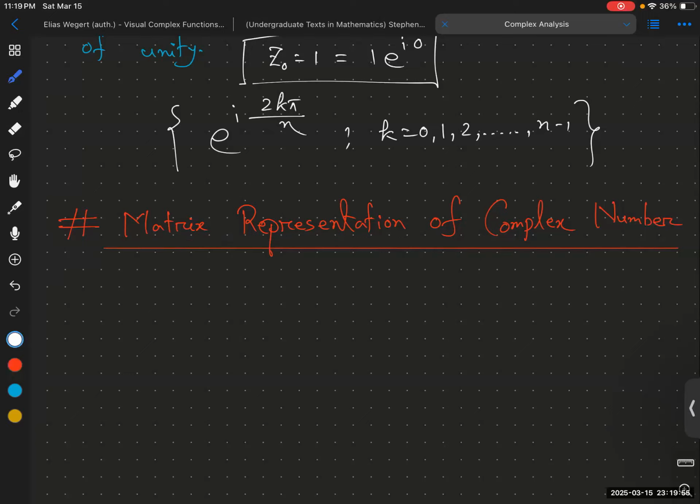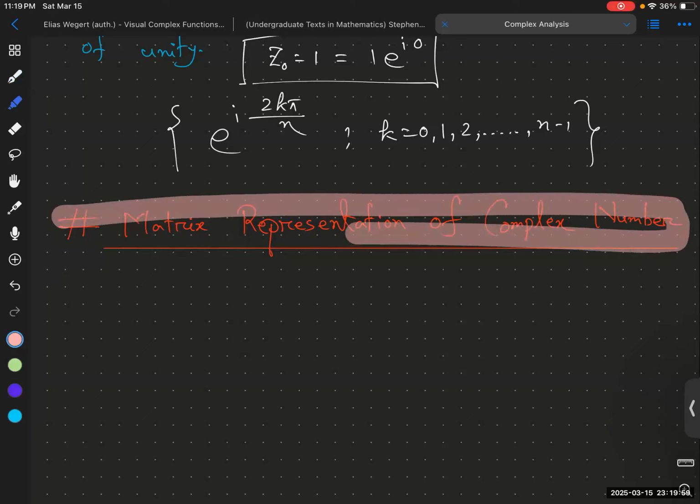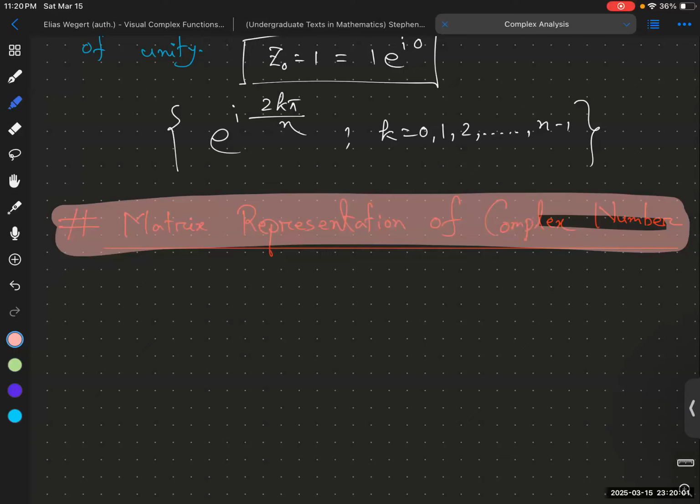So what is the matrix representation? That means we can represent our complex number in a matrix form. So what will be that form?